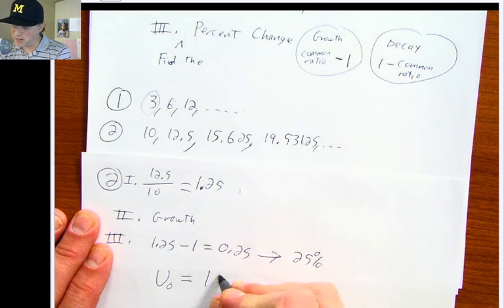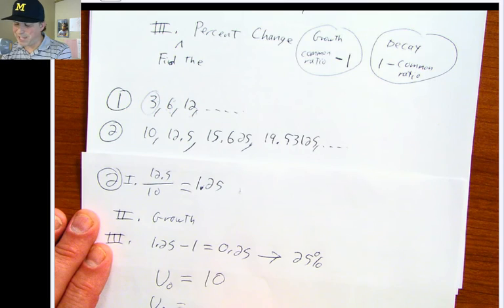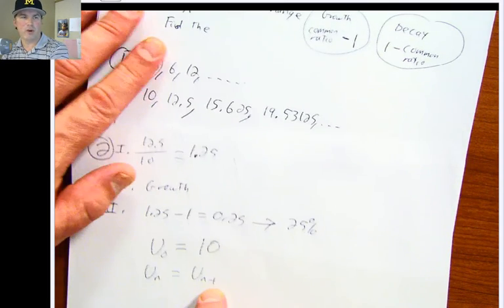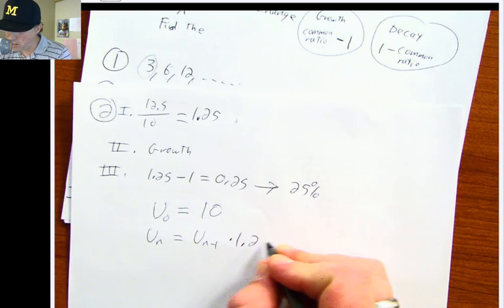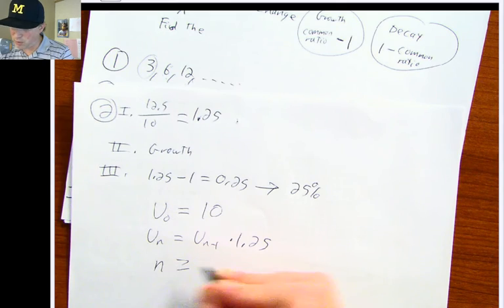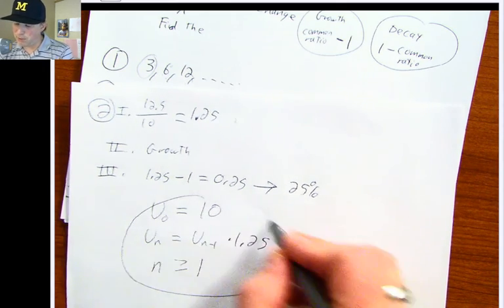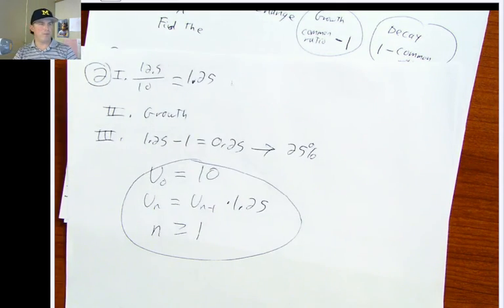U0 is this first number, which is 10. And then to get from one number to the next, you are taking that previous number and multiplying it by that common ratio of 1.25 with n greater than or equal to 1. That'd be the recursive formula for number 2.